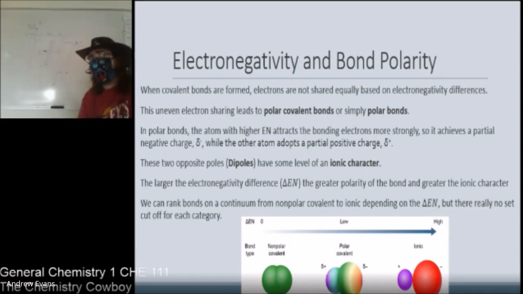If probability says they're spending more time on the right and less time on the left, we'll see an overall lack of electrons on the left, and so we'll see a partial positive. It's not that the electrons never go there, it's just they rarely go there. And so we see a partial positive, not a full positive. And of course, the full ionic, where the electrons have been fully removed.